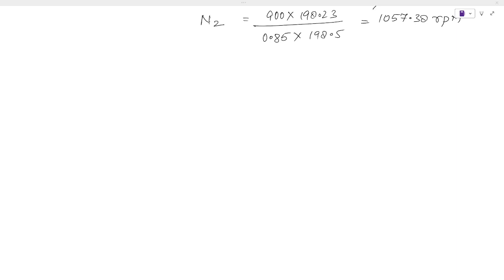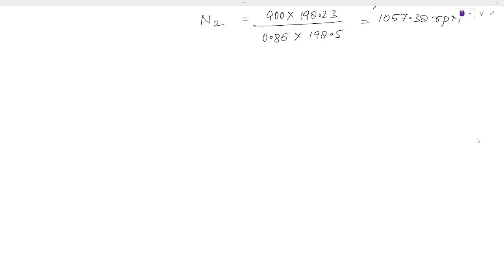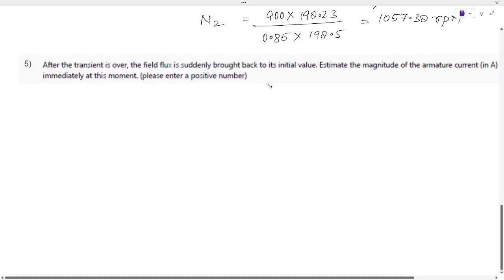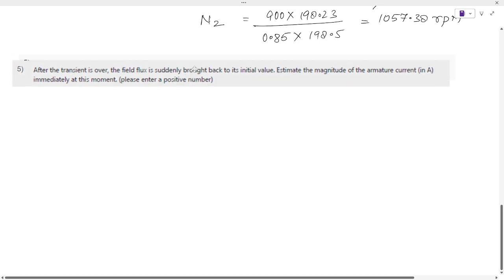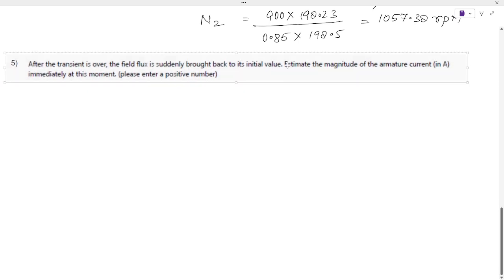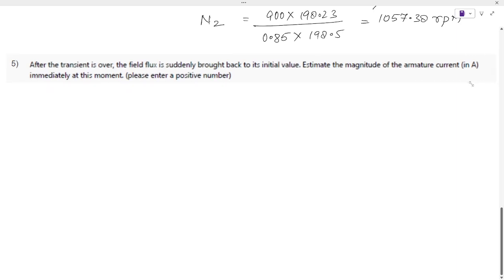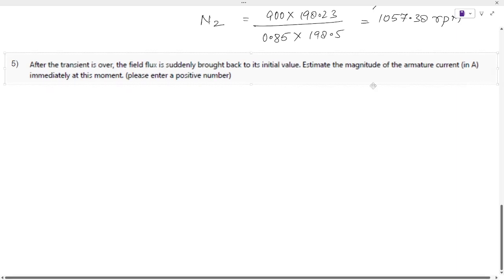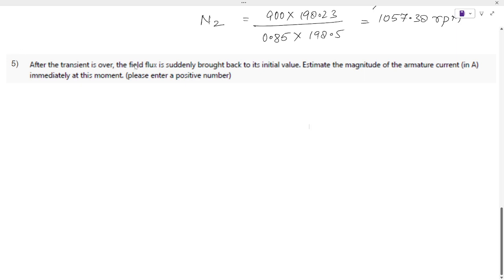Now what they are saying, are you able to see this question? After transient is over, the field flux is suddenly brought back to its initial value.